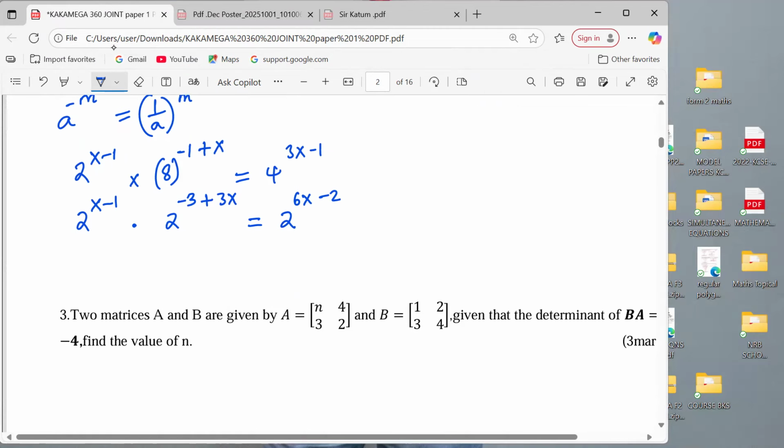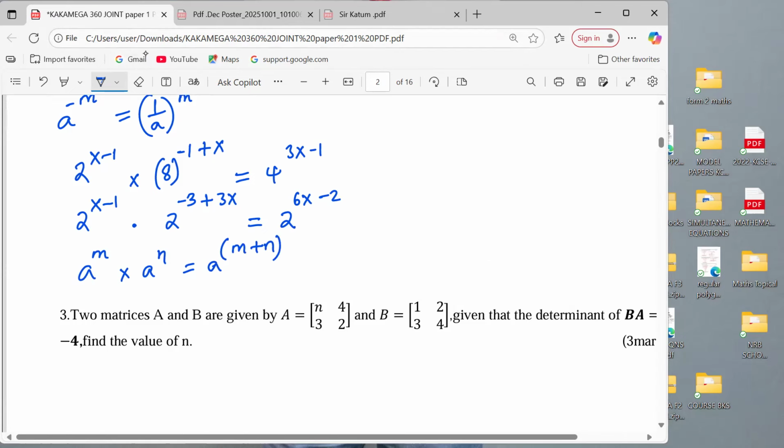Let's talk about now combining the bases. Given that the base is uniform, base 2 now, it will be very easy for us to talk about the first law of indices, the multiplication law of indices, with a power m multiplied by a power n. This is solved by simply taking a, then the powers are added.